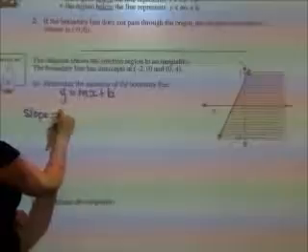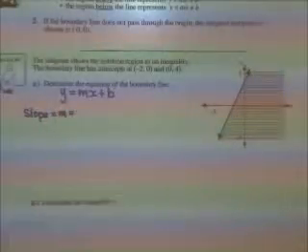Do I know what m is? What does m stand for? Slope. How do I calculate slope? Rise over run. But I don't have a rise and a run. I have coordinates.